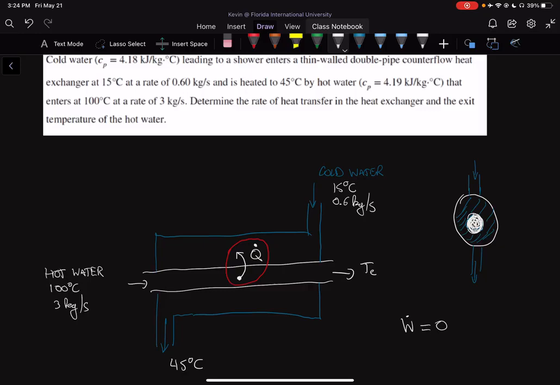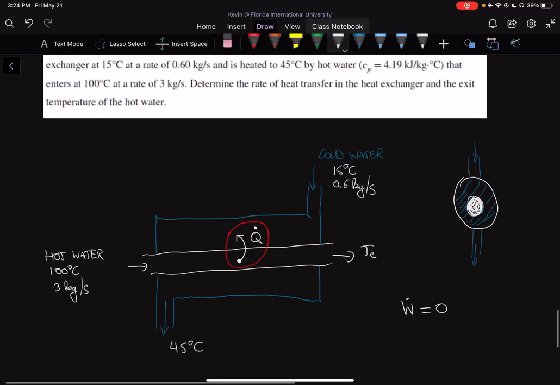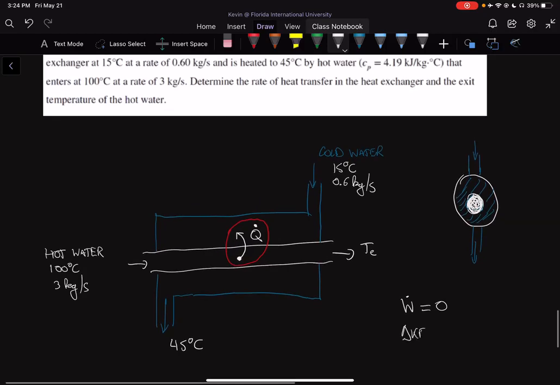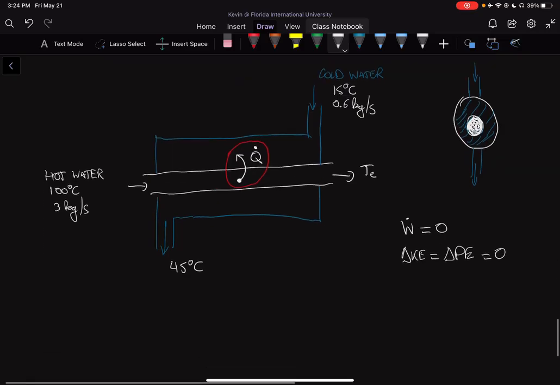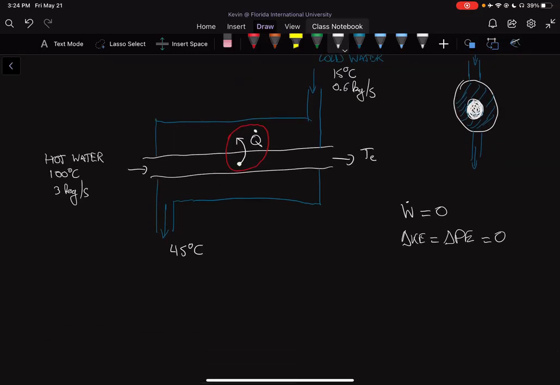In this case we're not given any details on the velocity of our fluid, so we can assume that delta KE and delta P are equal to 0. If we were given velocity at the inlet or at the exit, not just mass flow rate, then we would have to take into account our kinetic energy change. Okay, now how do we go about solving this problem?